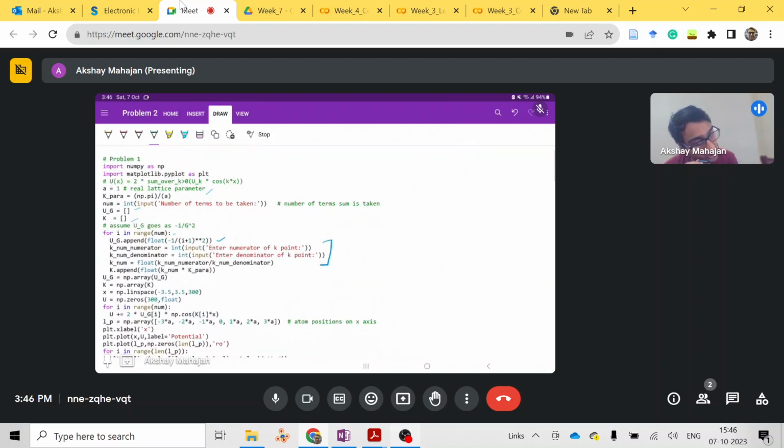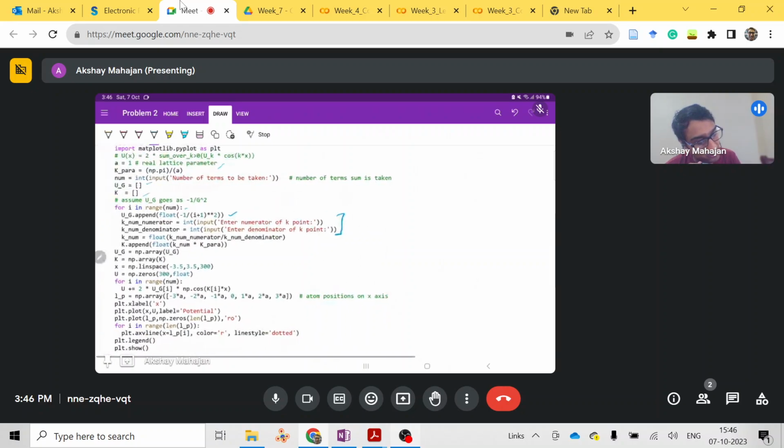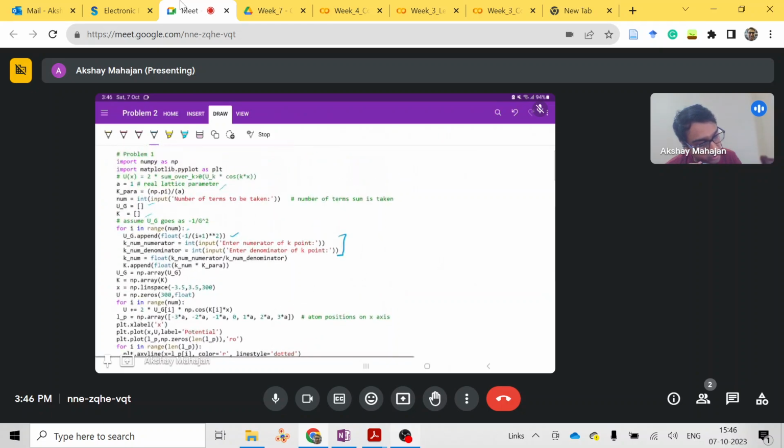Then what this code does is, you take this numerator divided by denominator, which will be my k num, and then k dot append will be k num times k parameter, which is pi by a.